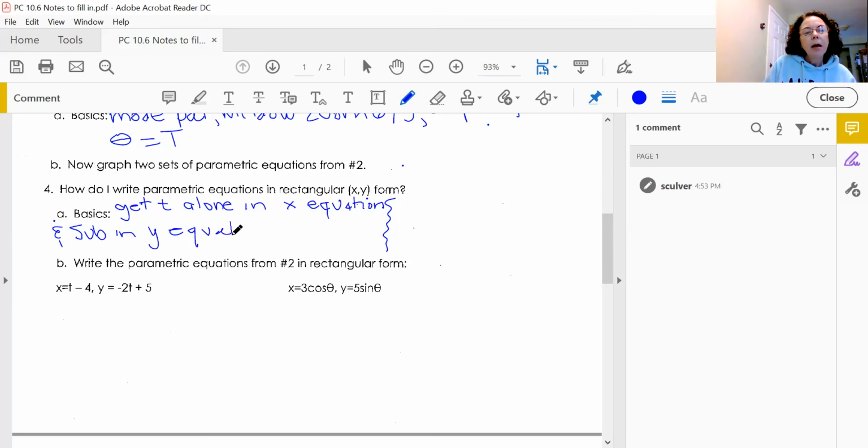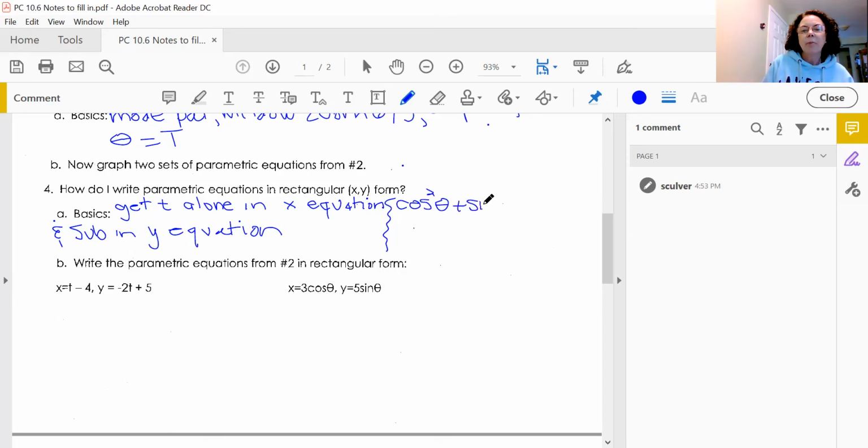Okay. If you have thetas and sines and cosines, right, then we're going to be over here on the right. What we're going to use is the Pythagorean identity. Thought you were done with it, right? That cosine squared plus sine squared equals 1.